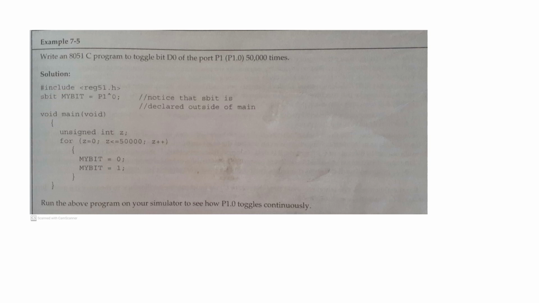So the values 0 and 1 will be moved to port 1, 50,000 times. So we can see 0 and 1 at pin number 0 of port 1. If you connect an LED to this pin, the first pin of port 1, we can see it will turn on and off.